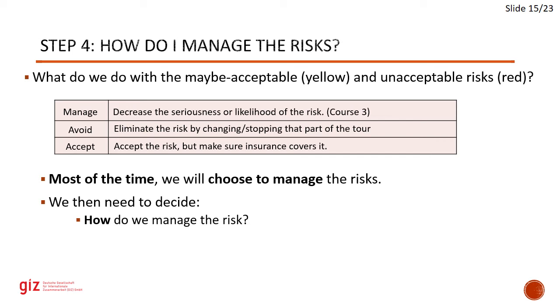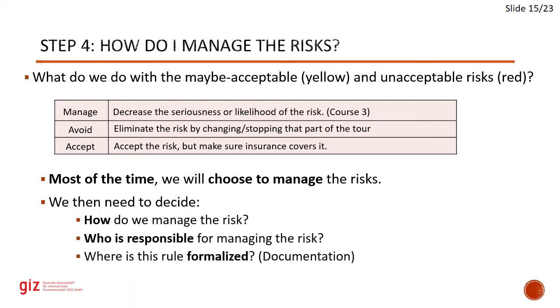So what rules or procedures do we want to have in place to decrease the seriousness and/or likelihood of the risk? We also need to decide who is responsible for managing the risk on the ground, the guide, the driver, the hotel? We then need to decide where is this rule formalized. For a standard risk management system, it is important to document your rules. You have to formally write them down somewhere.